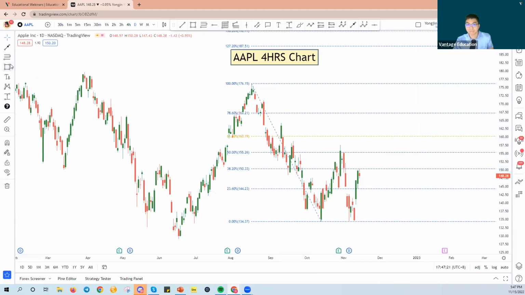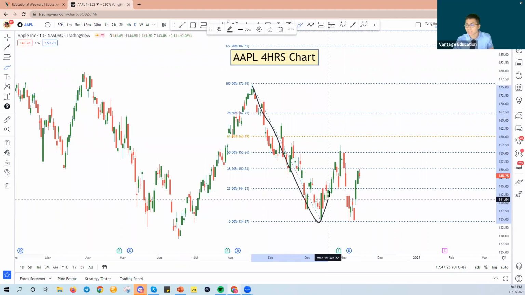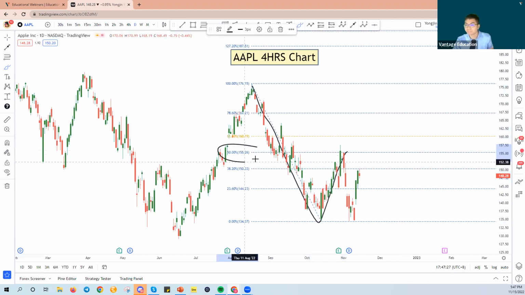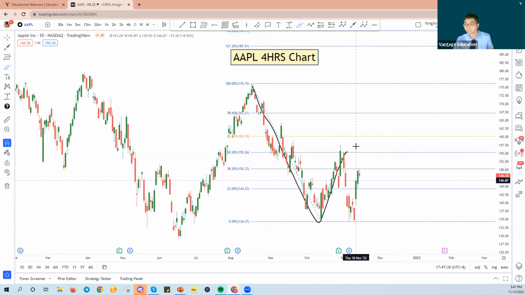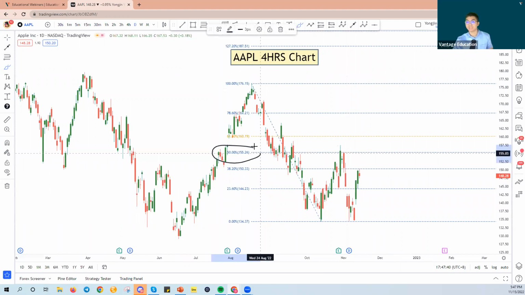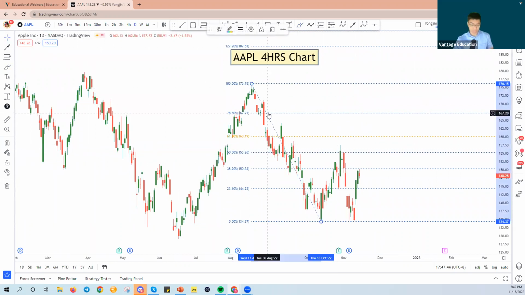You notice that price very nicely came down, came back up, tapped nicely into the 50% Fibonacci line before it continued going back down. So if you are looking for a long, your first take profit area is usually the 50%. So yeah, Fibonacci works pretty well, even on stocks. It works very well across currency pairs and stocks.